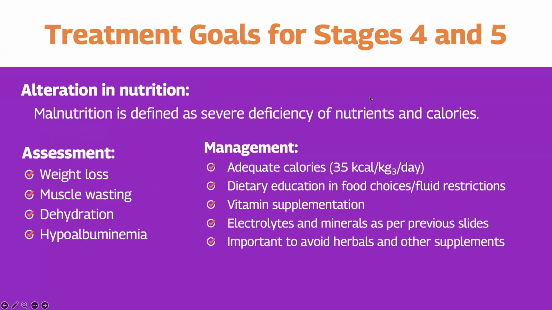So, to avoid malnutrition, it's typically recommended that the diet include adequate protein intake of at least 1 to 2 grams per kilogram per day, more than 50% of which should be protein of high biological value.